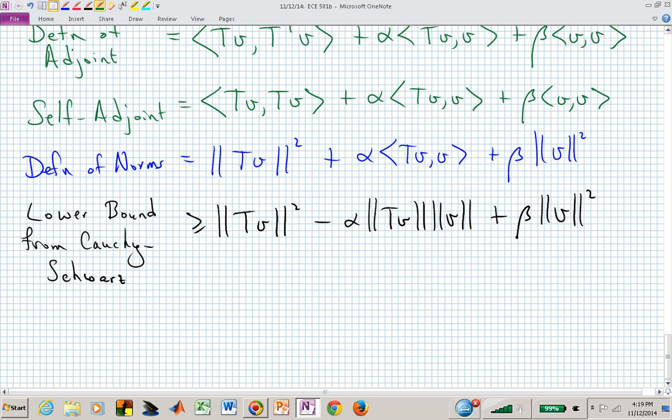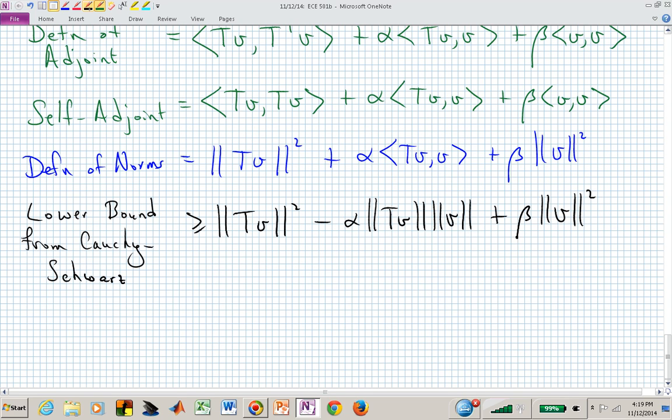Now we want to complete the square, because we have, let's say, x squared minus alpha xy plus beta y squared, just like we had in our earlier discussion of completing the square.